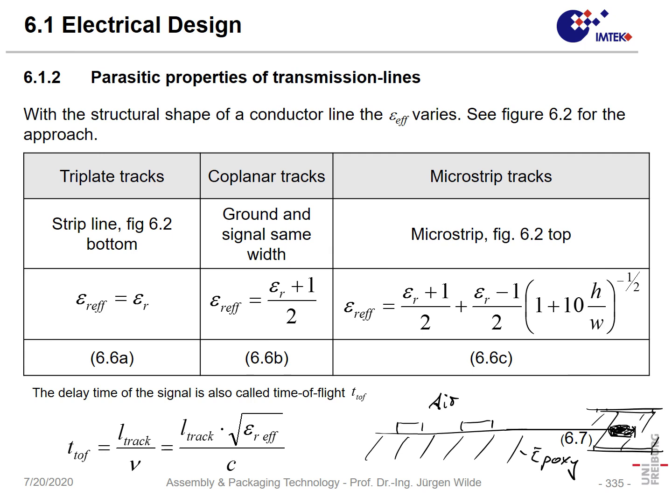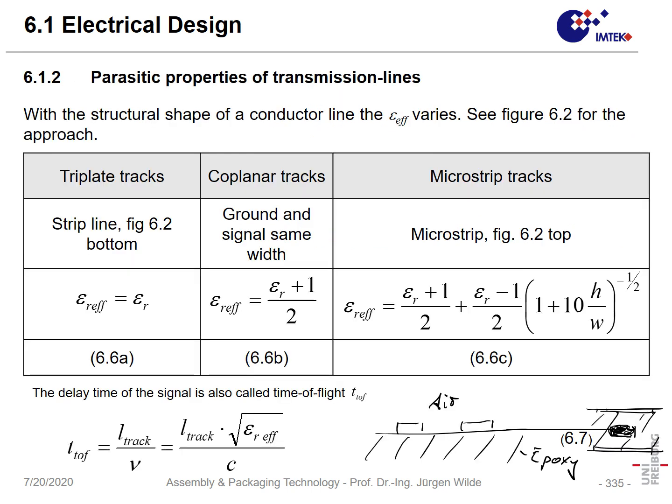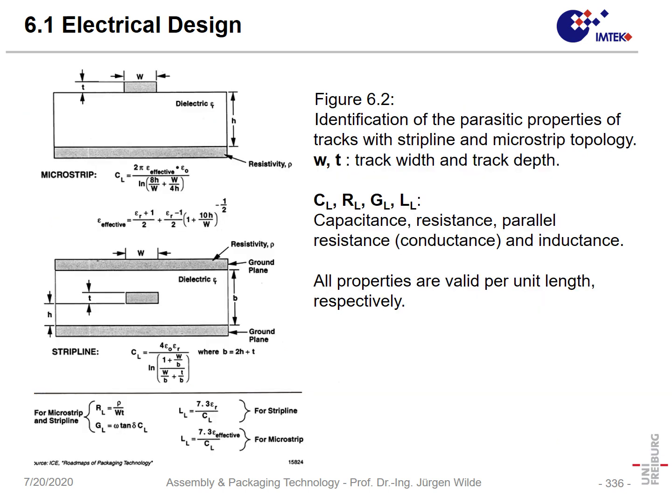For the so-called microstrip line, which is more complex, which we can see on the next page here on top, we can say the formula is more complex. Of course, you do not have to keep it in mind, but for coplanar tracks, you should be able to estimate that permittivity.